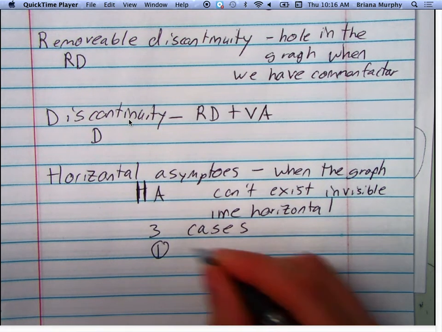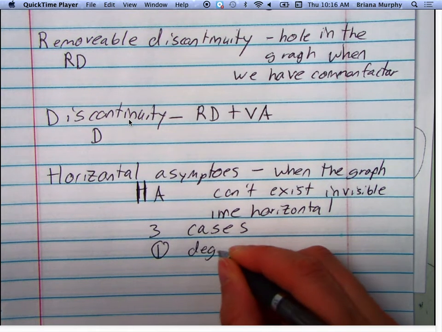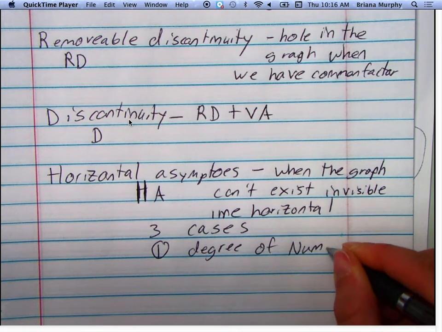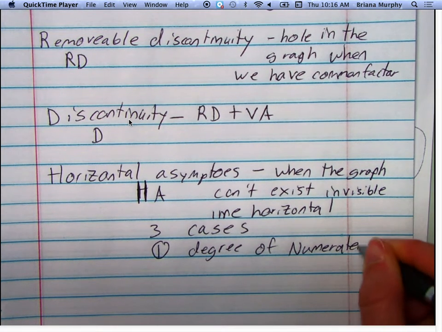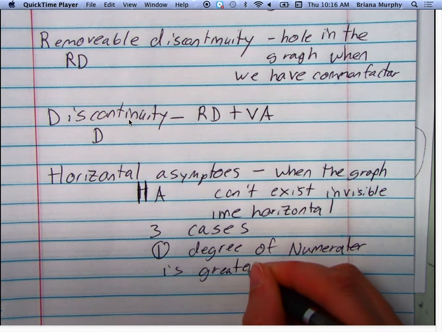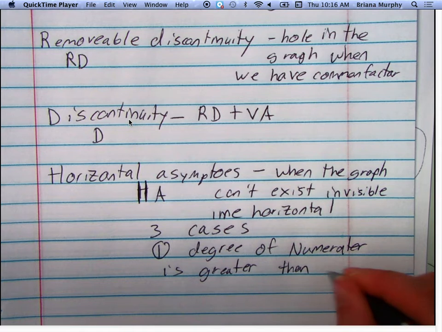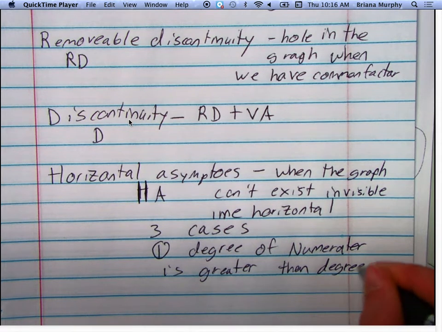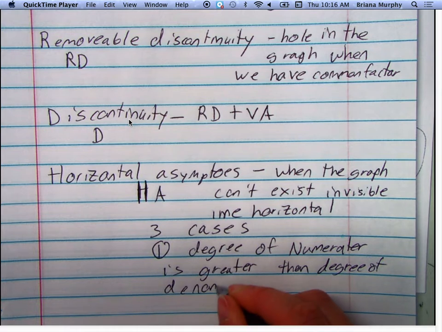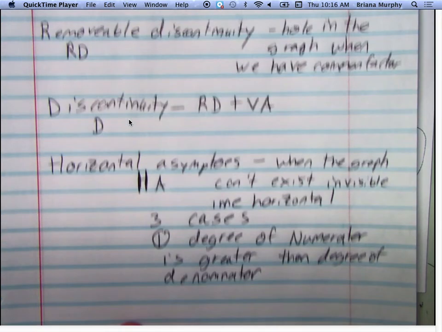Case 1, degree of numerator is greater than degree of denominator. Okay.